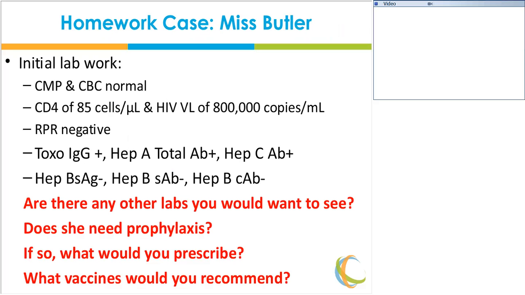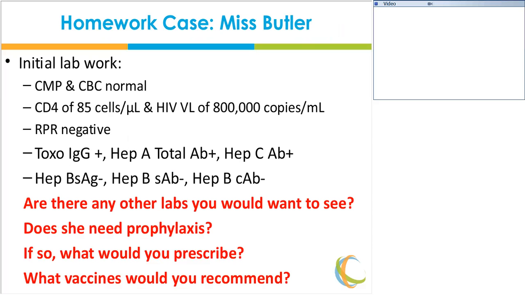Here's your case. It's Miss Butler. She is a 35-year-old Caucasian female. I forgot to put that on here. Sorry. She's a 35-year-old Caucasian female. Her CMP and CBC are normal. Her CD4 cell count is 85 cells, and that was repeated and verified. Her HIV viral load is currently 800,000 copies per ml.